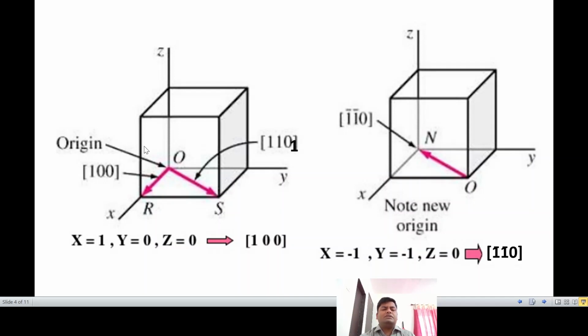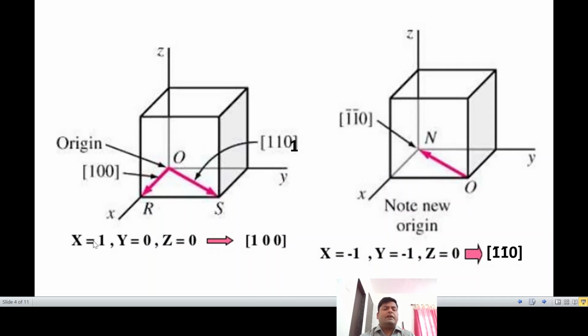As per the process, first of all we have to put the tail at the origin, which is already done over here. The rest is to find out the distances, and then convert them into the least integers. OR is the vector, so it has a distance only along the x direction, and the y and z distances will be 0.